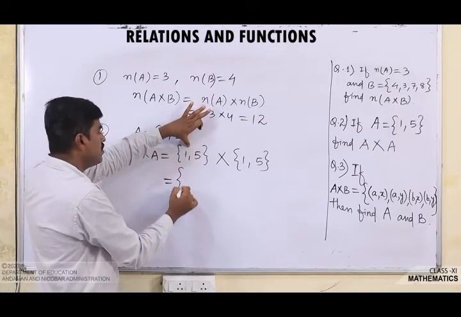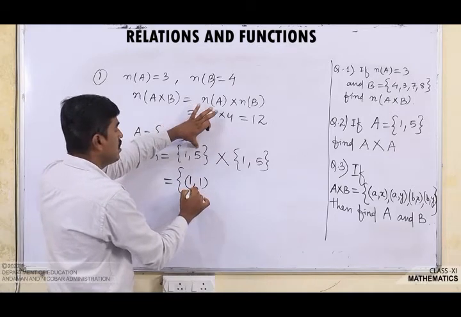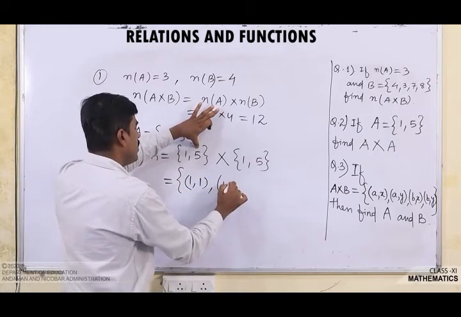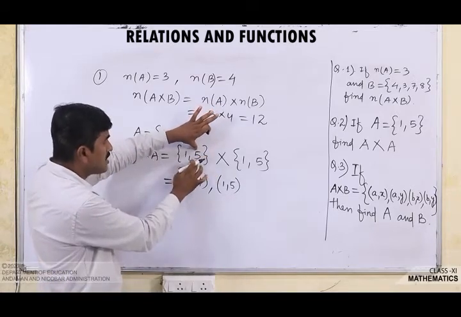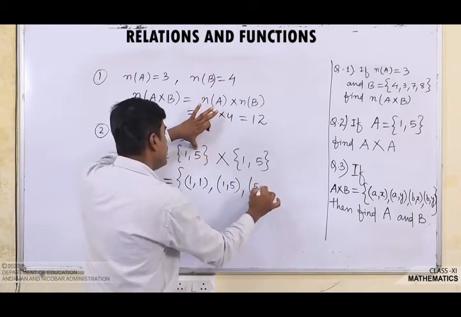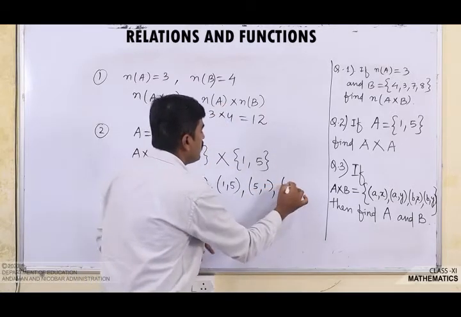First take 1, then take this one, (1, 1). Then (1, 5). Then take the first element from this set, 5: (5, 1), then (5, 5).